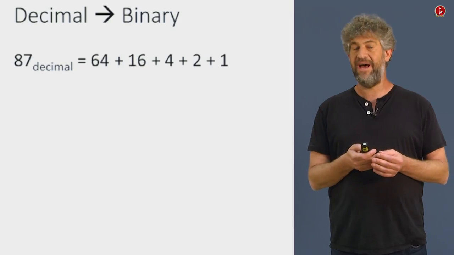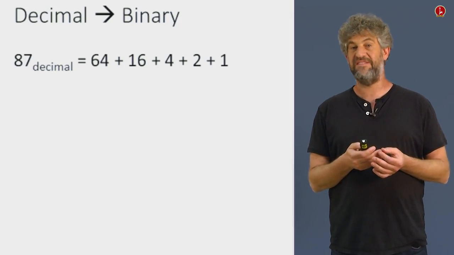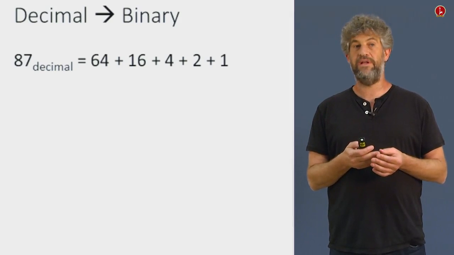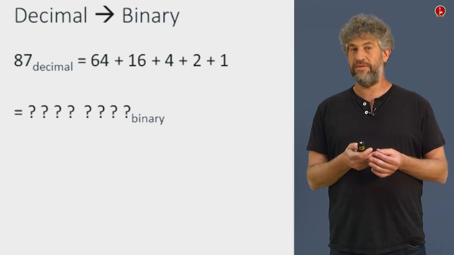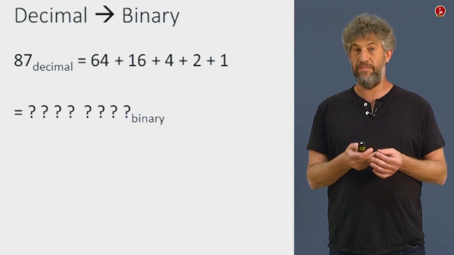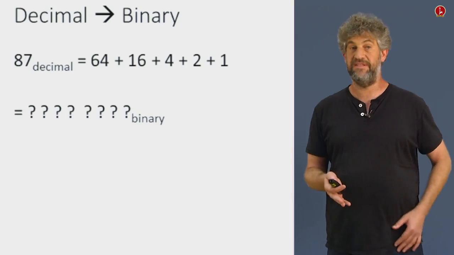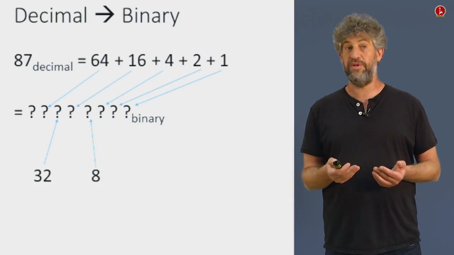And once we have that, from this representation of the decimal number as a sum of powers of 2, we can quite directly get the binary representation. How do you do it? Well, every time we have a power that appears in the sum, we need to put a 1 in the bit there. And whenever the power is not part of the sum, we put a 0 there.